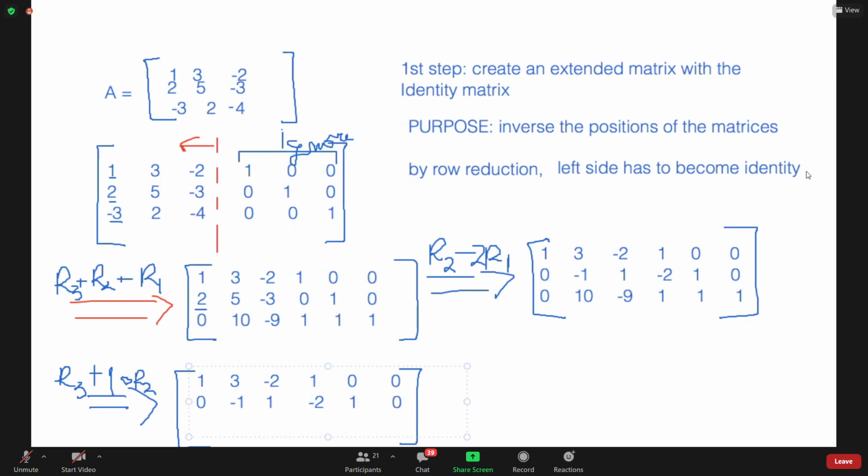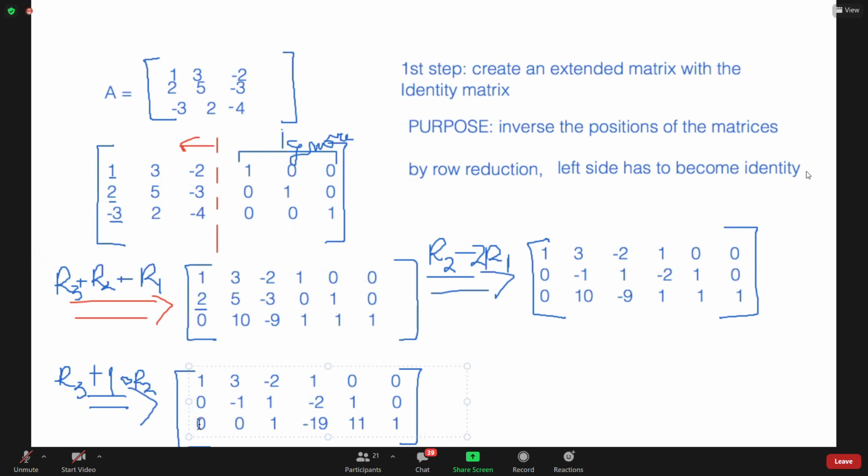And the third row, to which I'm going to make changes now, will be 0 minus 10 times 0, that is 0. 10 minus 10 will become 0. -9 plus 10 will become a 1. 1 minus 20 will become -19. 1 plus 10 will become an 11. And 1 plus 0 will remain a 1.